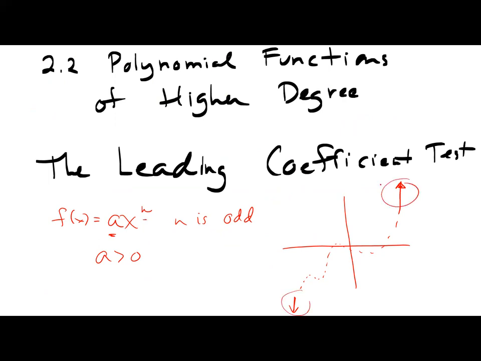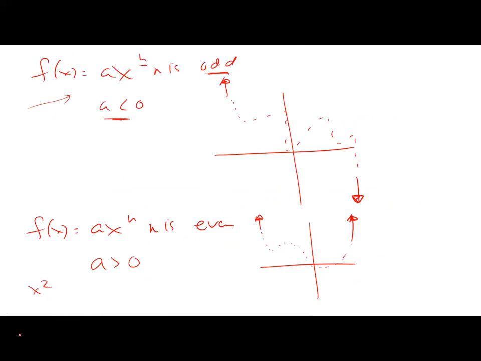And with A being a negative number, it starts high and then ends low. That's the second example that we did for the leading term test. Good there, Lindsay? Does that make sense?